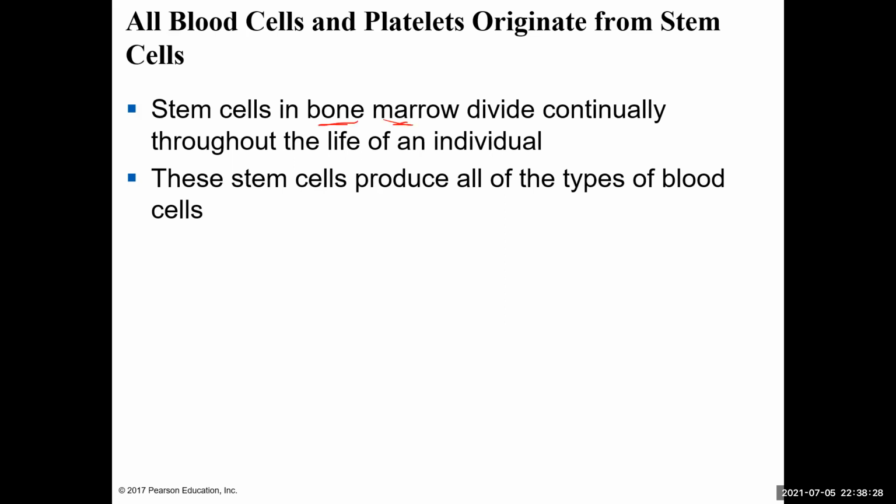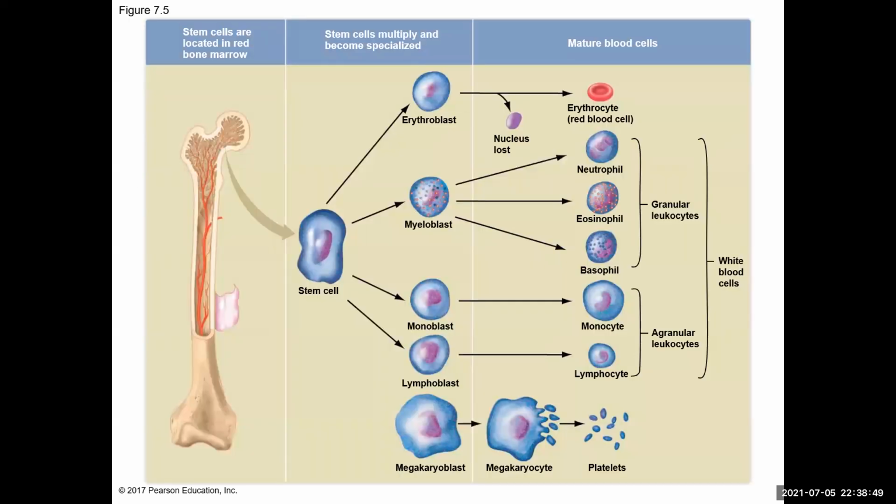And depending on what kind of cells the body needs at that time, the stem cell can be made into either red blood cells or white blood cells or platelets.